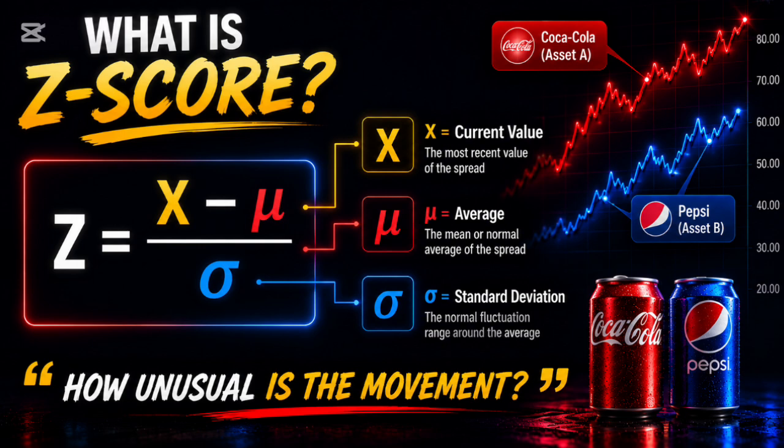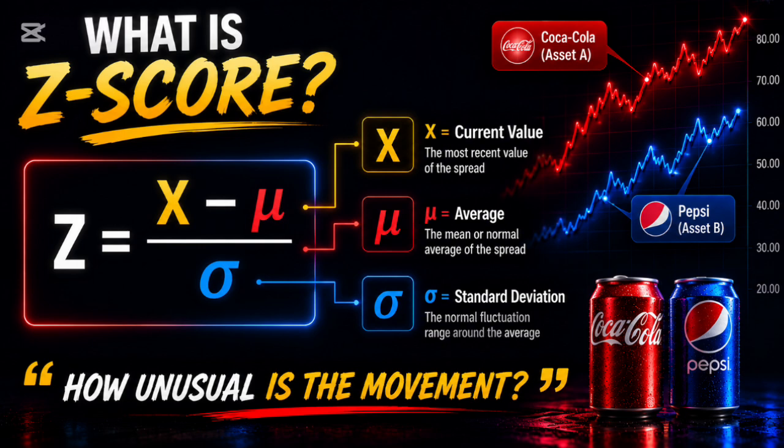To understand Z-score properly, we must first understand the idea of an average. In the forex market, the crypto market, the commodity market, the indices market, relationships constantly fluctuate. Sometimes the spread moves slightly above average, and sometimes slightly below.